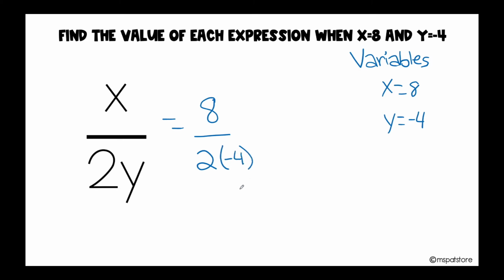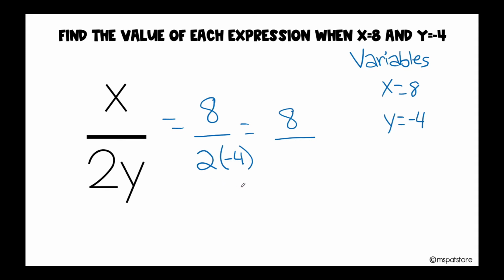So basically what I just did was organize my information: x is equal to +8, y is equal to -4. Now I'm going to substitute my variables. Instead of x, I substitute 8. Instead of y, I substitute -4. So now you do 8 divided by, I need to do this operation first.